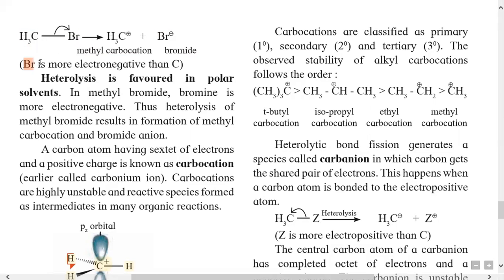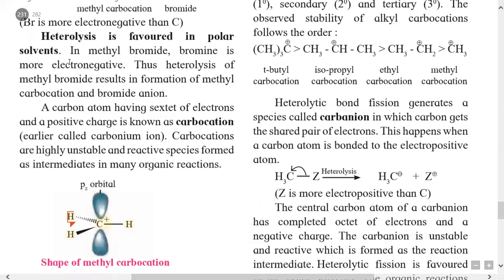Here the bromine is more electronegative than carbon and therefore a negative ion of bromine is formed, called a bromide ion. Now we studied that homolysis takes place in the presence of UV light or sunlight, and that is represented with the symbol h nu.